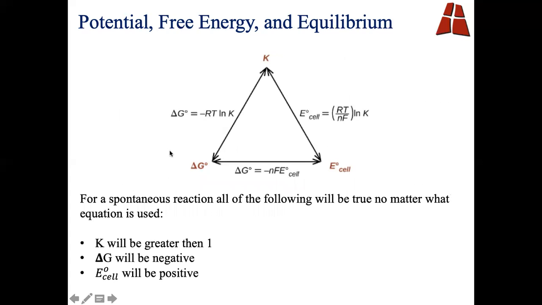If we tie them all together, we can actually make this neat triangle here where we have these equations that all go between our delta G standard, our K, and our E cell values. Just a reminder that for any spontaneous reaction, K will always be greater than 1, delta G will always be negative, and our E cell standard value will always be positive.